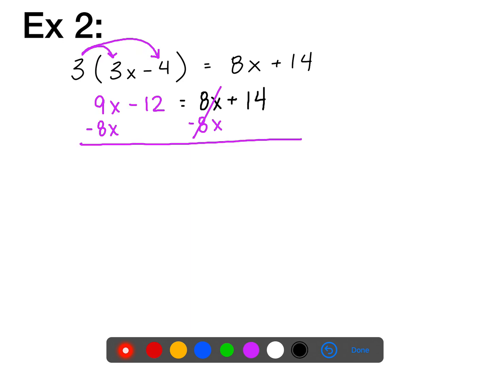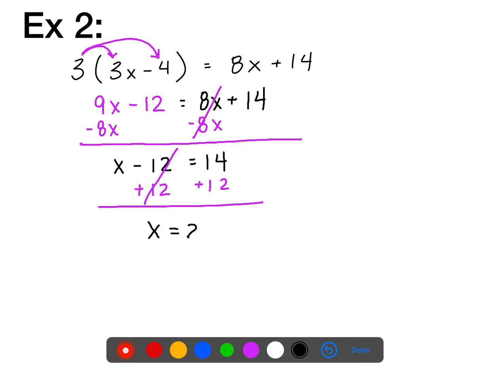When I do that, I end up with x, because 9 minus 8 is just 1, minus 12 equals 14. Now I'm going to add 12 so that the x is all by itself. I add 12 and I end up with x equals 26.